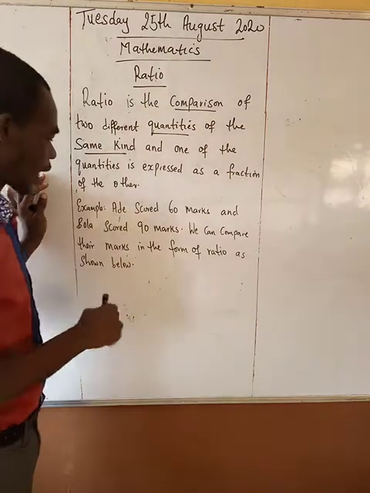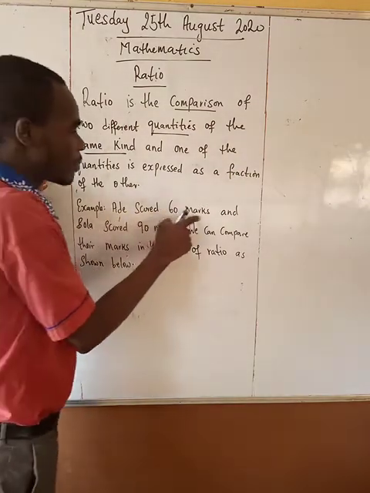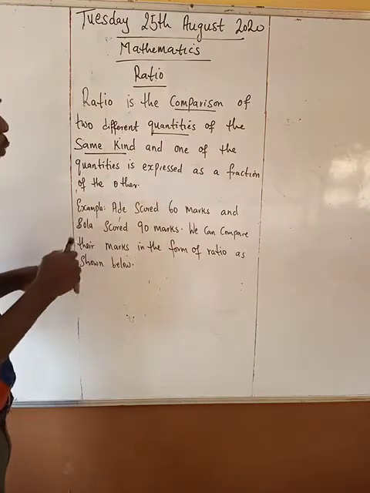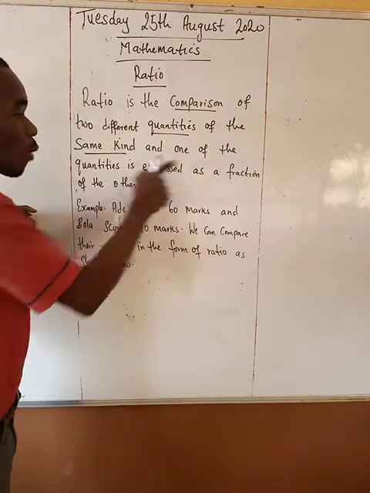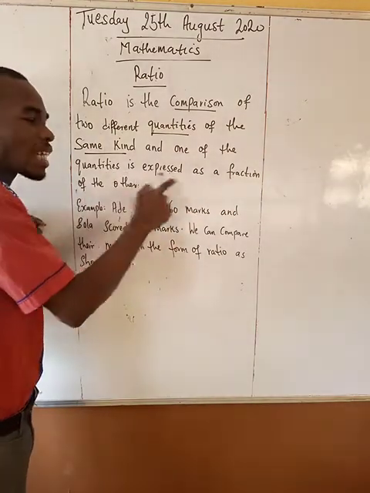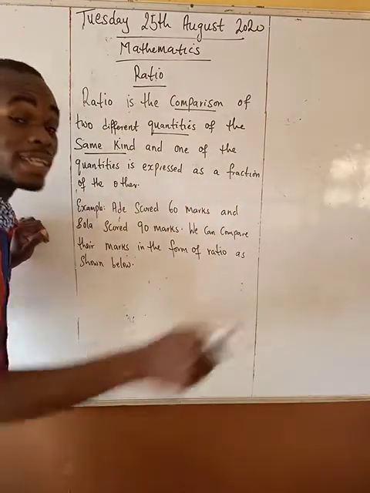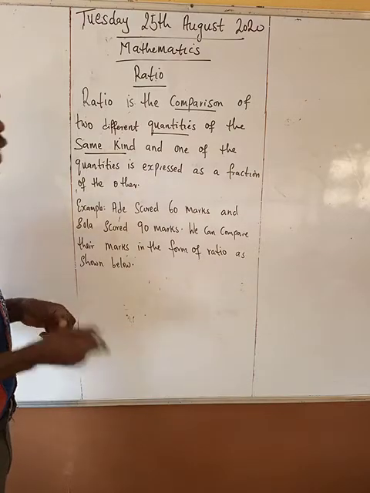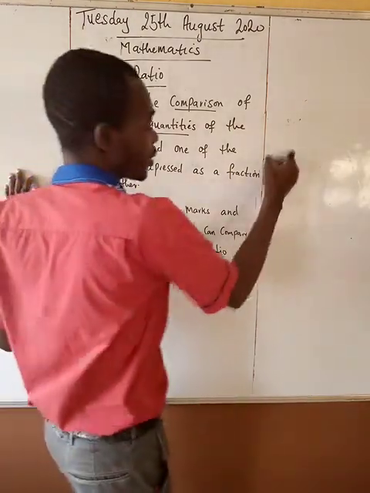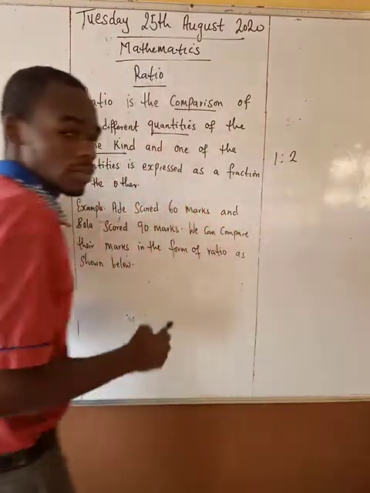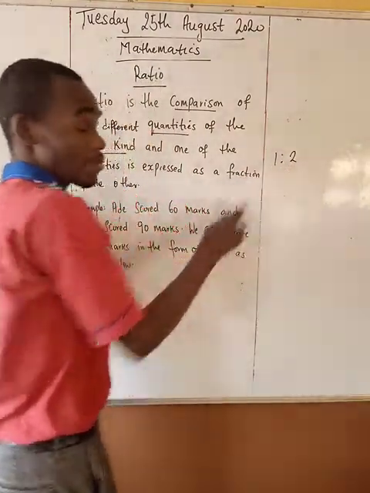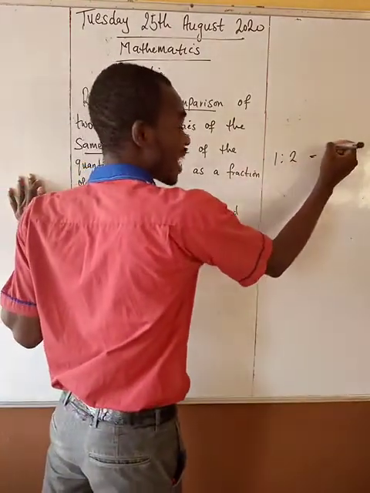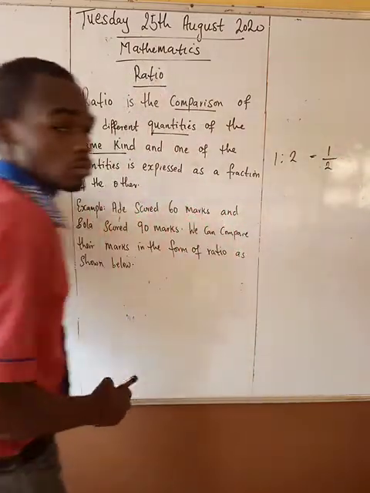One of the quantities is expressed as a fraction of the other. We know that whenever we talk about ratio, the first thing that comes to our mind is 1:2. Now let me remind you that 1:2 is the same thing as 1/2.